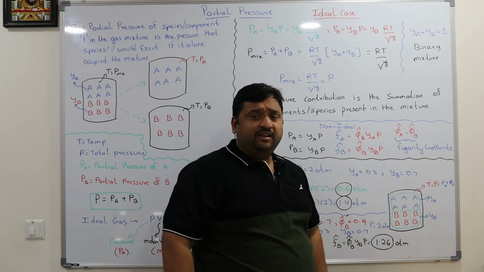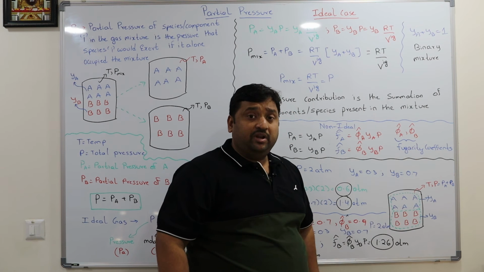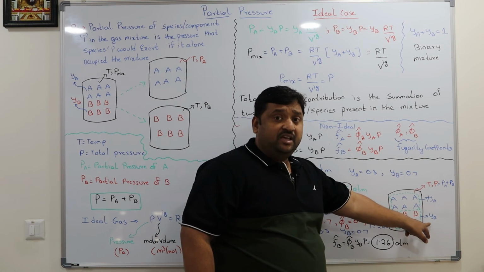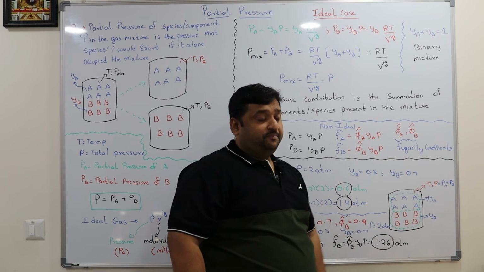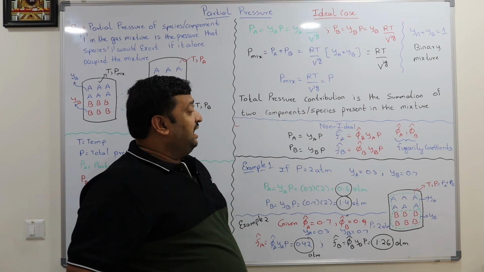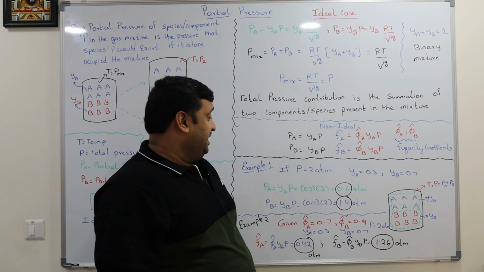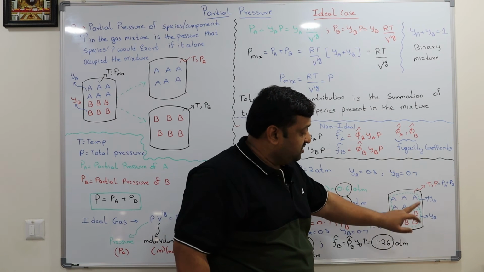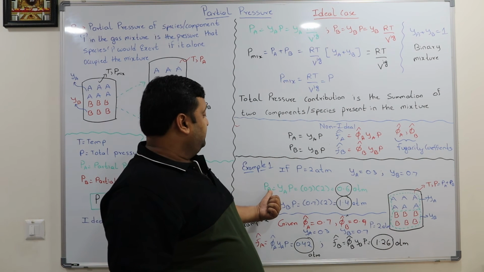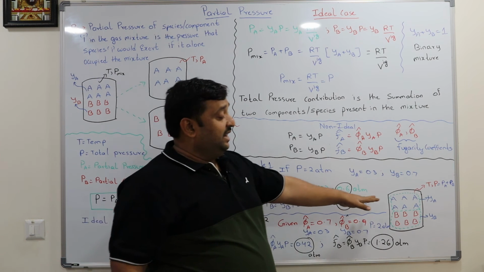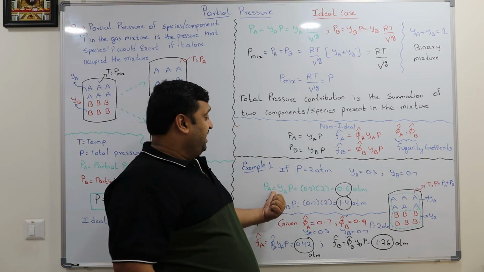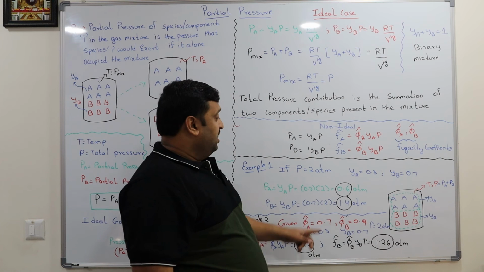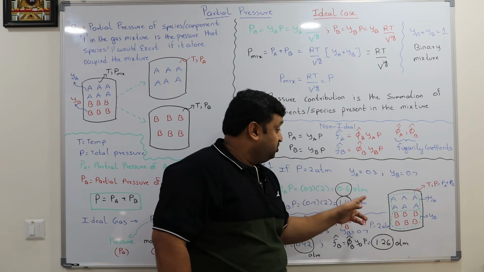Let us do a small example. Let us say there is a container which contains certain molecules of A and certain molecules of B, and the mole fraction of A is Ya, the mole fraction of B is Yb, at a certain temperature T and pressure P. Calculate the partial pressure of A in this mixture and the partial pressure of B in this mixture. Let us assume the ideal case. For the ideal case, the partial pressure of A is Ya into P. Ya is given as 0.3. The total pressure in this container is 2 atmospheres.